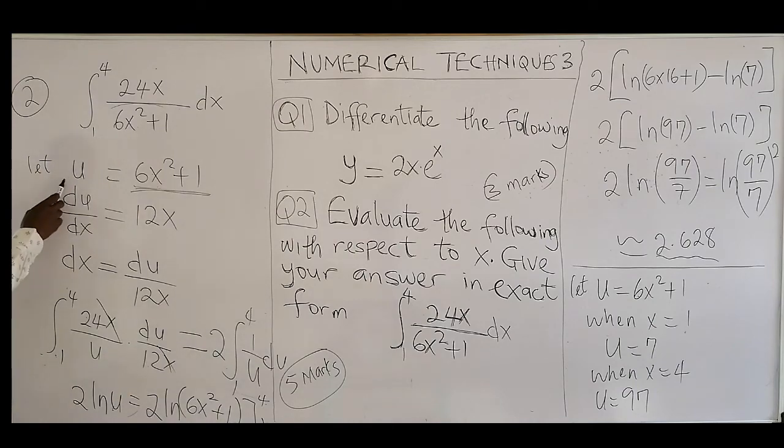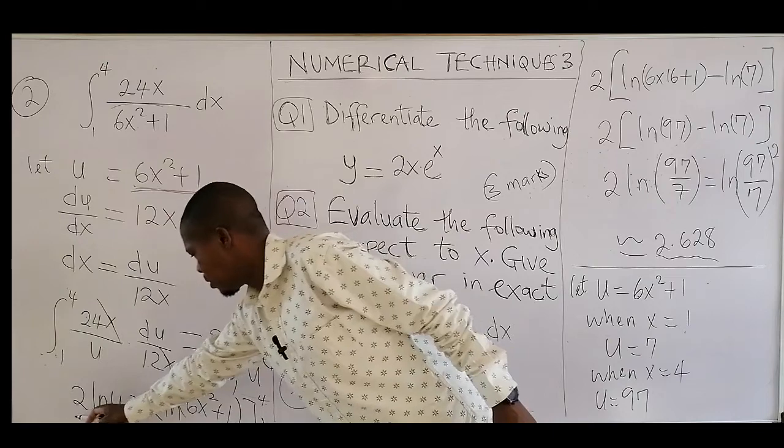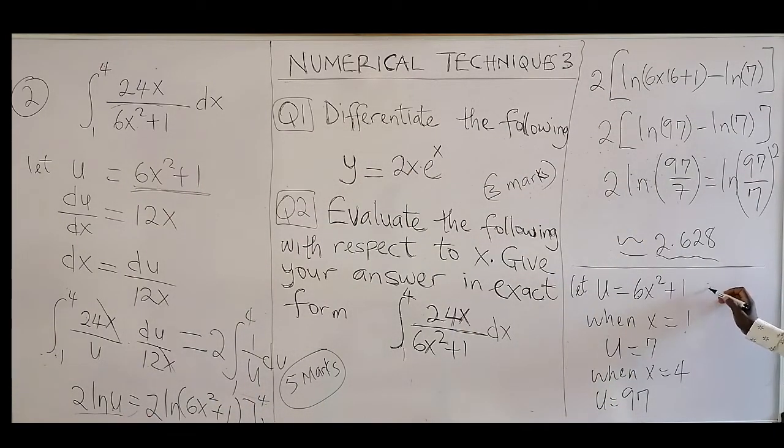We've done that now. So for the final conclusion, we just go back to where we have our answer, 2 ln u. So that will be equal to 2 ln u, with the upper boundary 97 and the lower boundary 7. 2 ln 97 for the upper boundary minus ln 7.